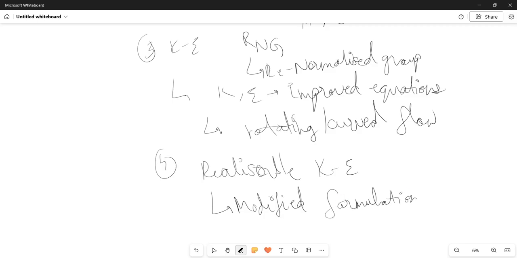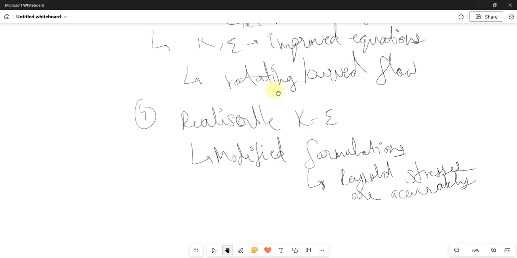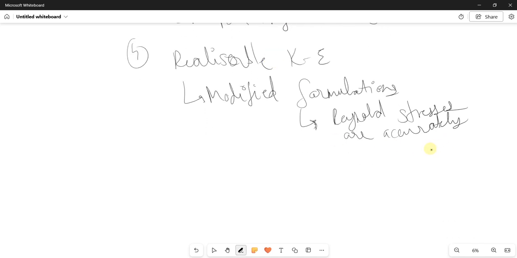The modified formulations are to make sure that the Reynolds stresses are accurately resolved, right?